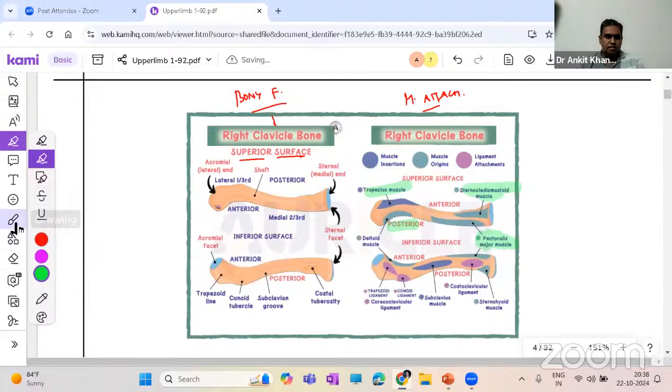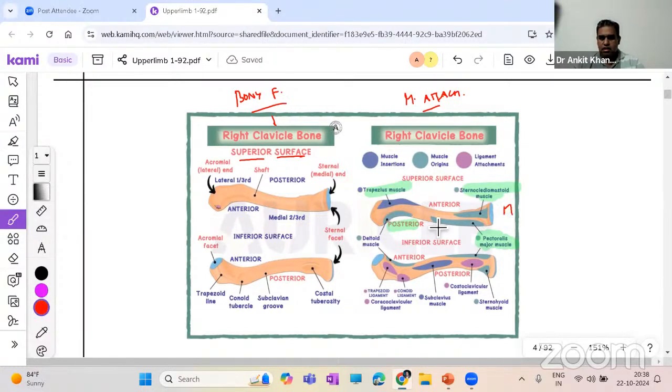So understand in this image that this is the medial side and that is the lateral side, as you can see from the ends also. Inferiorly, you have the subclavius muscle. This was the subclavian groove, and these two red arrows denote the subclavian groove. Then they have shown a few ligaments, like the conoid and costoclavicular ligament.